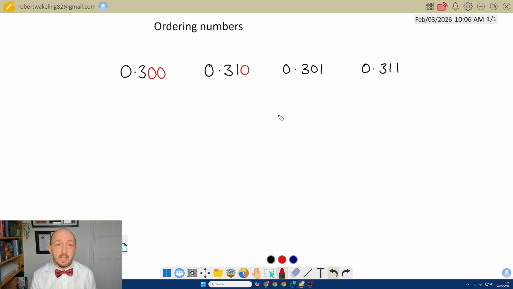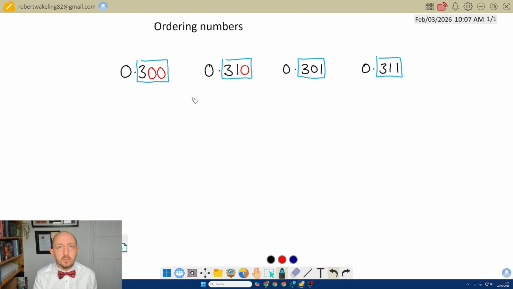Okay, so the first step is to make sure they have the same number of digits after the decimal point by adding zeros. And now, because the 0 point is the same at the front of each of these, we can essentially just look at the numbers afterwards and pretend they're whole numbers, like 301, 311, 300 and 310.